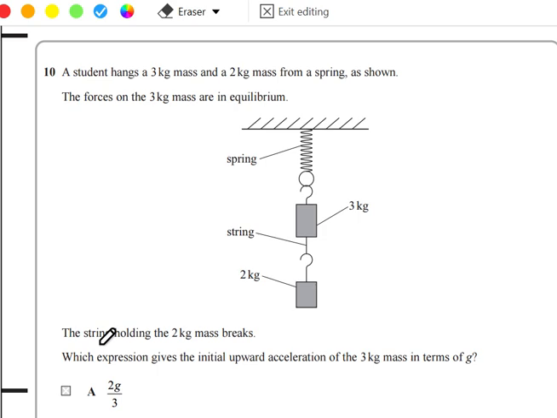Okay. As forces on 3 kilo are in equilibrium, this means that force on spring equal to the weight attached to the spring. Okay. So force on spring equals 3g plus 2g, which is 5g.